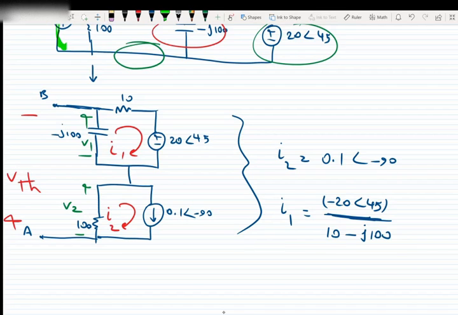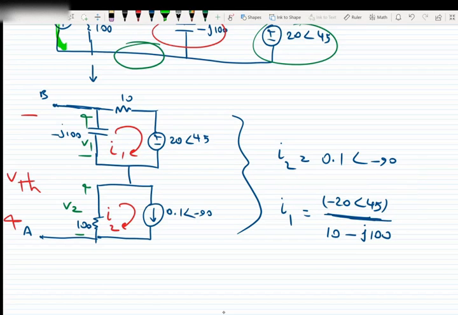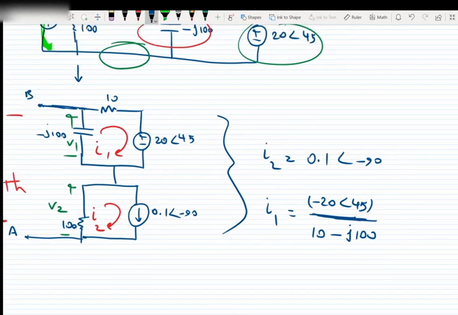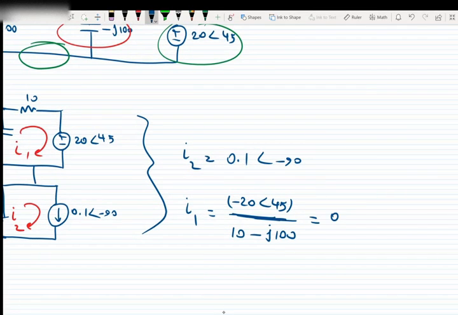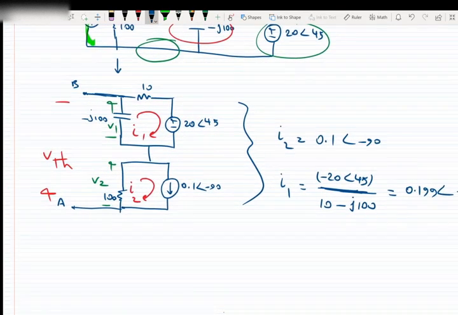In order to have this one as positive, we need to change the direction of the current, but the final answer doesn't change, it's the same. So this one is equal to 0.199 with the angle of negative 50.71.